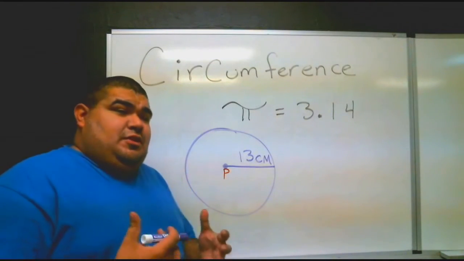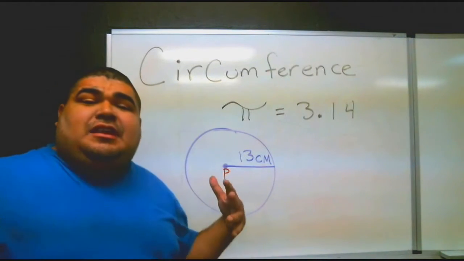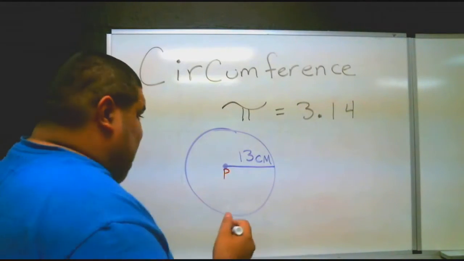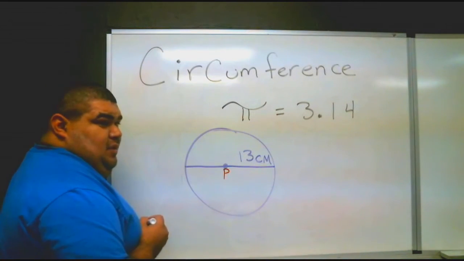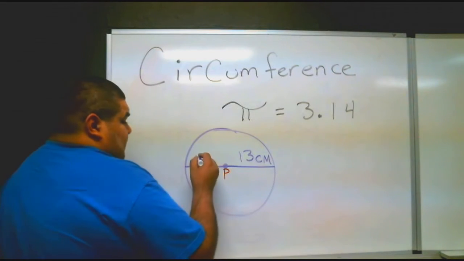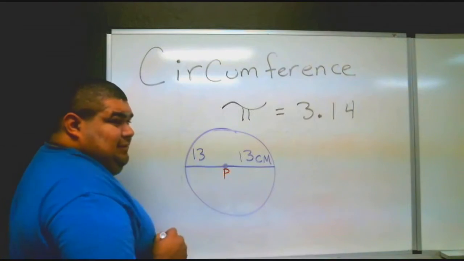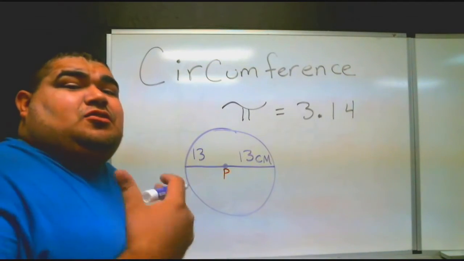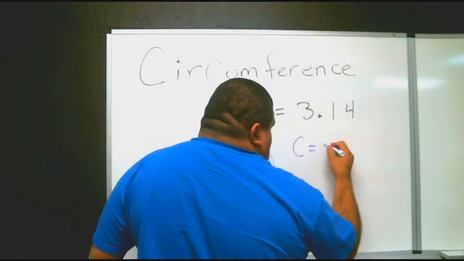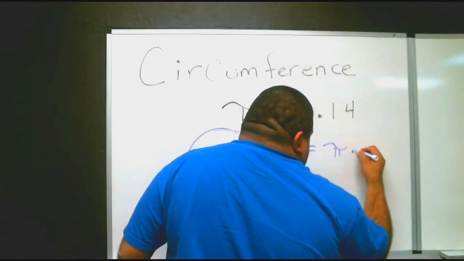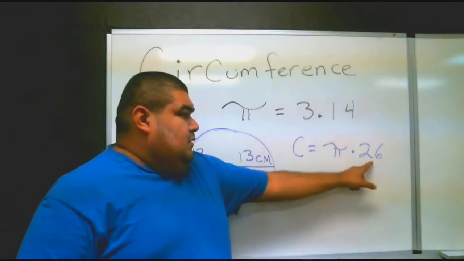All you need to do is make another radius from the center to the opposite edge of the one you already have. In this case, we make it this way. Since you have 13 here, then this side is also 13. So 13 plus 13 is 26. So we know that C equals pi times 26.